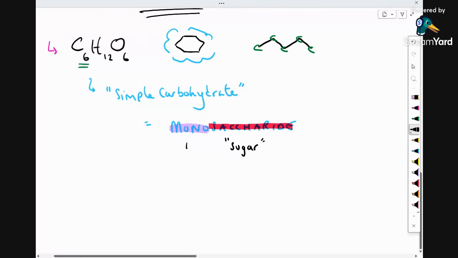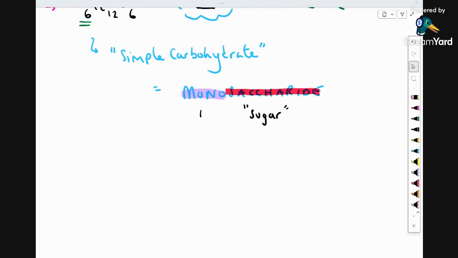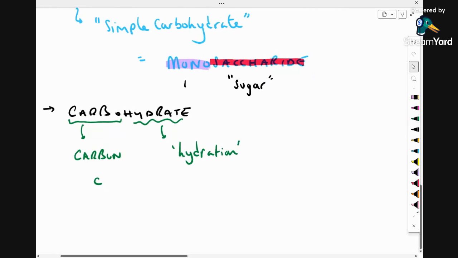So glucose is an example of this. And it's worth pointing out at this point what a carbohydrate actually means, in terms of the atoms that are going to be present in the structure. Carbo means from, so we expect carbon atoms in this structure, and hydrate, similar to hydration, means water.